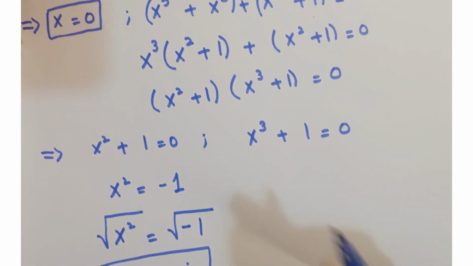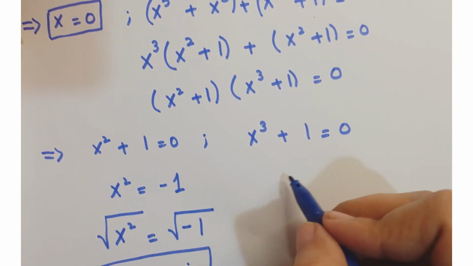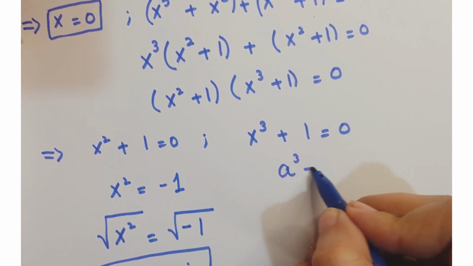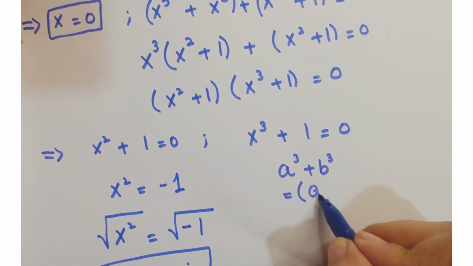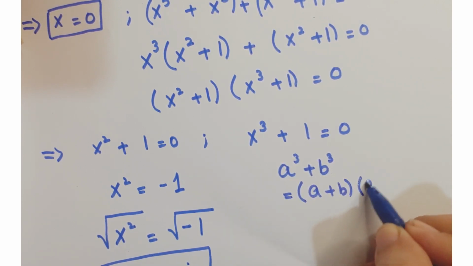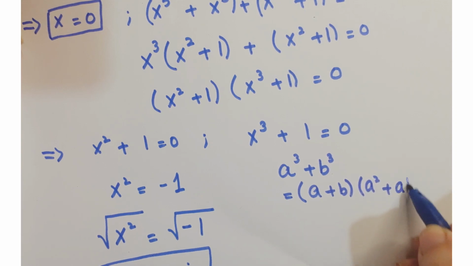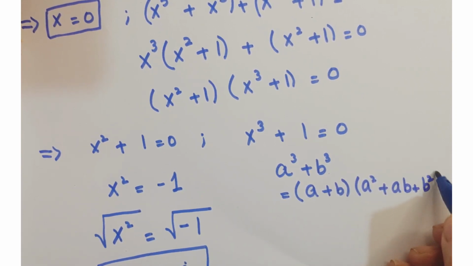Now solving for x cube plus 1 is equal to 0, we're using the algebraic identity here, that is a cube plus b cube is equal to a plus b into a square minus ab plus b square.